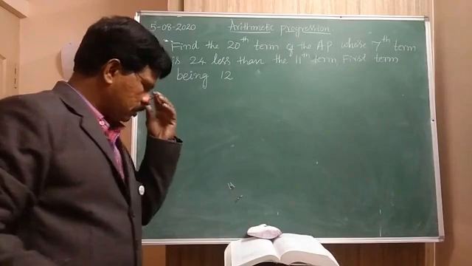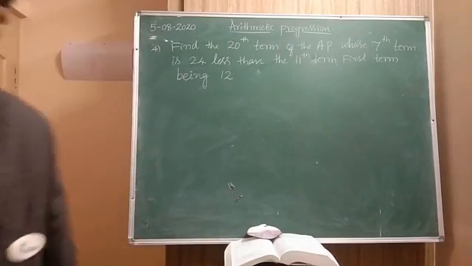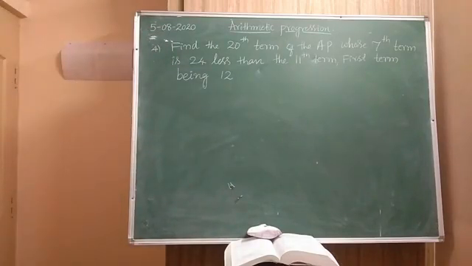Now look at this question. What is given? Find the 20th term of the AP whose 7th term is 24 less than the 11th term and first term being 12. So clearly it is given.